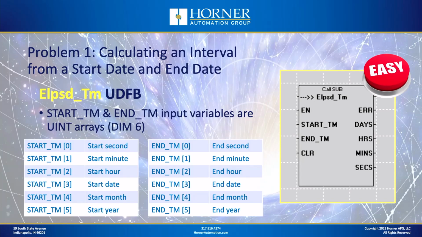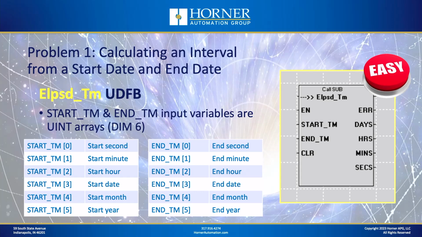Now, the next question you may ask is this: if the inputs to this UDFB include start time and end time, what kind of variable format do I need to use for those two inputs? What this UDFB requires, for each of start time and end time, is a variable array of the integer type, dimension of 6. Each element inside that array corresponds to second, minute, hour, date, month, and year.